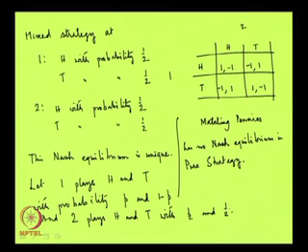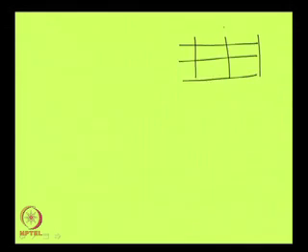Now, if this is the case, then what we are essentially saying is the following. Player 2 is playing these actions with probability half and half, and player 1 is playing with these probabilities.